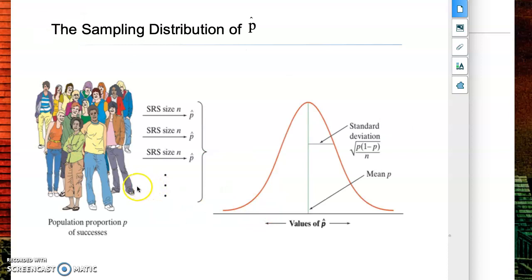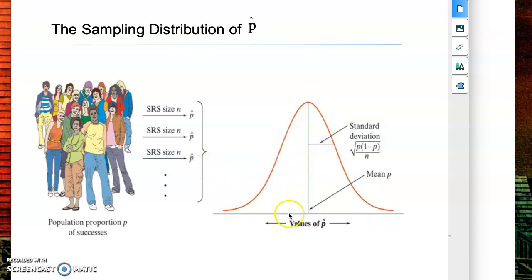So what does that mean? This is just one slide that kind of summarizes what we've said. Over here we have a population with proportion p of successes. We take different samples. Sample 1, sample 2, sample 3, and so on. Each one gives us a proportion, okay, a sample proportion. We plot all those sample proportions.